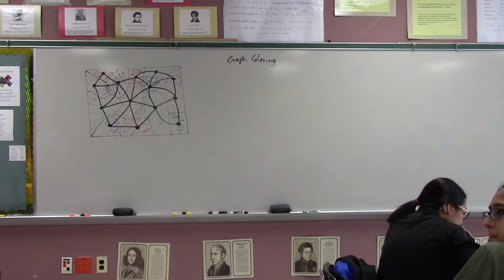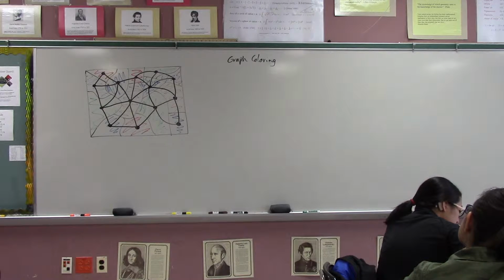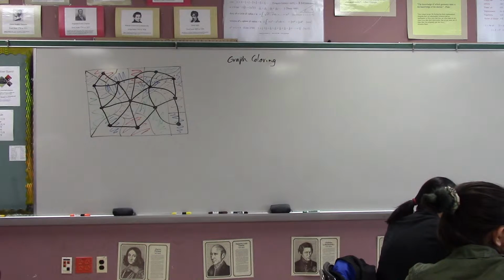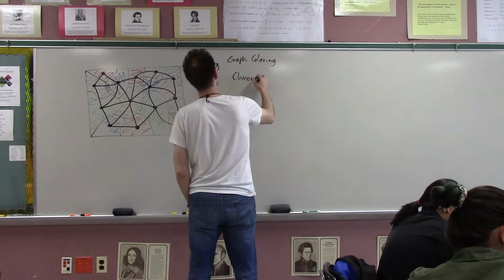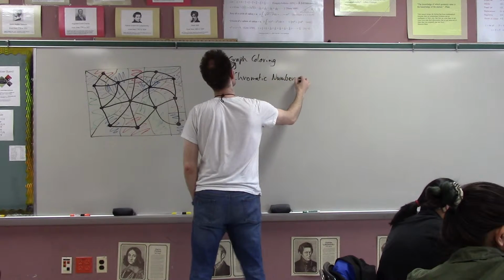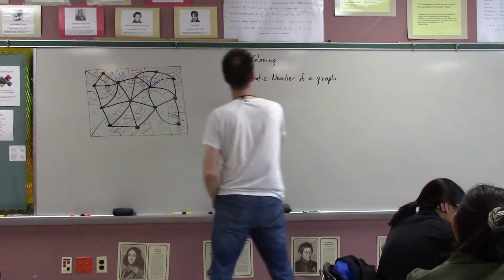All right. Yeah, good. So I'll come back to that in a second. So the chromatic number of a graph is usually called chi.